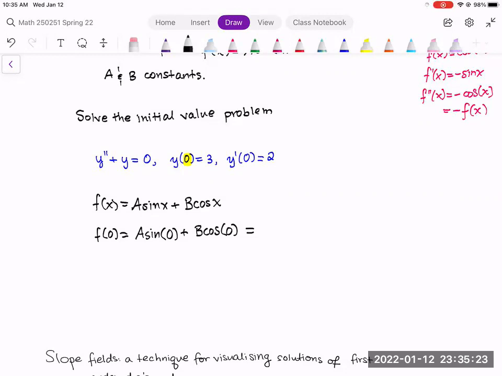So we plug in 0, and sine of 0, of course, is 0. Cosine of 0 is 1. And so this just gives us b. And if we're going to satisfy the initial value problem, this b better be equal to 3. Okay. So we can say now that f of x must be equal to a sine x plus 3 cosine x.